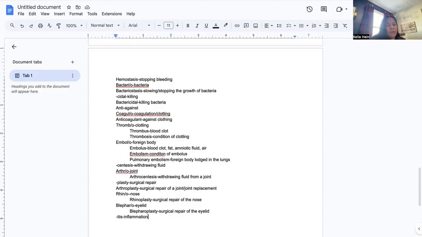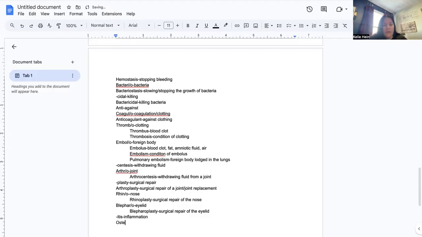Osteoarthritis, that's your wear and tear, because remember, when you get into med surg, there's going to be rheumatoid arthritis and osteoarthritis, right? Rheumatoid arthritis is an autoimmune disorder. It's different from osteoarthritis. Osteoarthritis is going to be the wear and tear arthritis, and it's going to involve the bones in the joint as well. So osteo, bone, arth, joint, itis, inflammation, right?